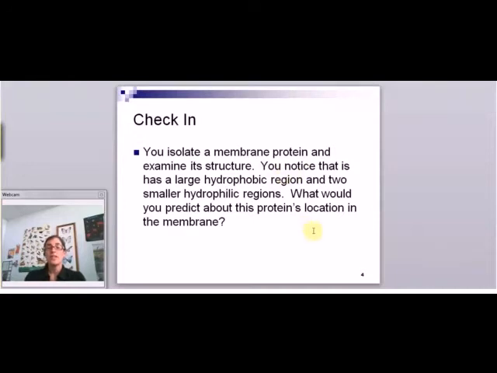Okay, so thinking about these proteins, if you isolated a membrane protein and looked at its structure, and you noticed that it had a large hydrophobic area of amino acids, so let me just add here that what we mean by hydrophobic region is that it has lots of hydrophobic amino acids, because that's what proteins are made out of.